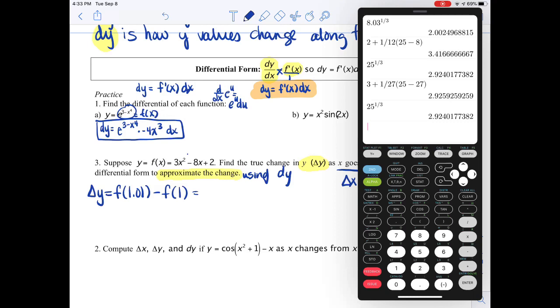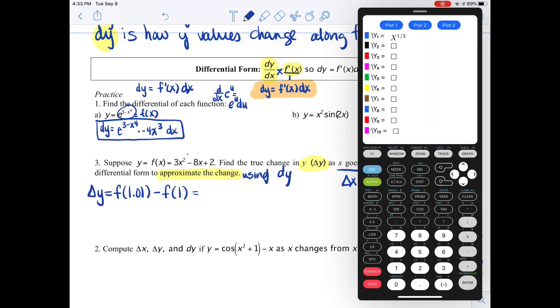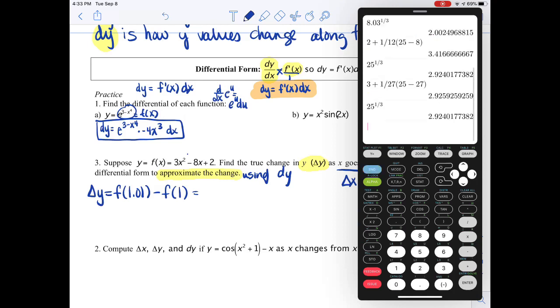So I'm going to use my graphing calculator to actually calculate this value. I'm going to go to y equals, go back to y1, and type in the function we're dealing with, 3x squared minus 8x plus 2. Okay, so when I want f of 1.01 minus f of 1, alpha trace, select y1, y1 of 1.01 minus y1 of 1.